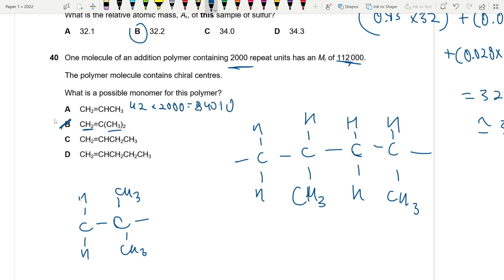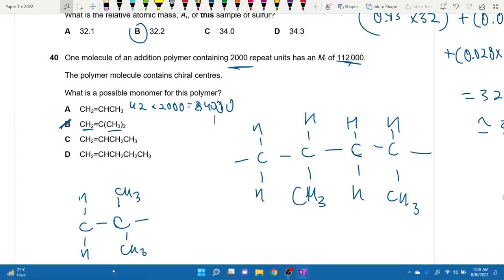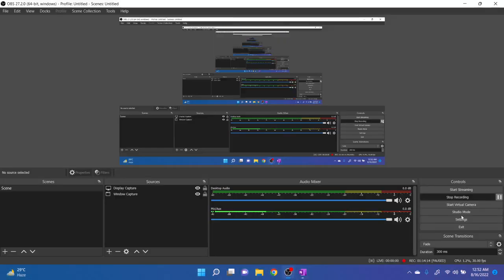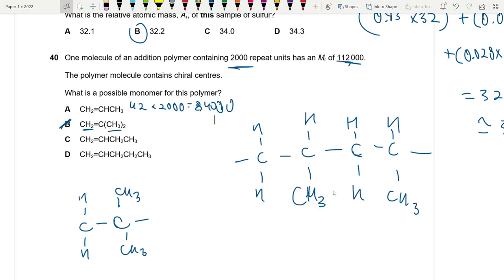Okay, so that doesn't match. What about C though? C is 12 plus 12 plus 12 plus 12 plus 2 plus 1 plus 2 plus 3. That's the mass of one monomer. 56 times 2000 is actually 112000. So we are gonna go with C.